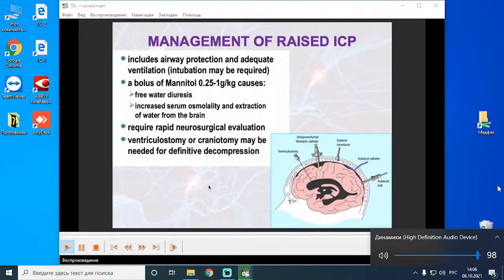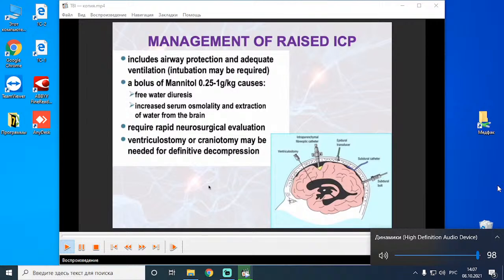Management of raised intracranial pressure includes airway protection and adequate ventilation. Intubation may be required. A bolus of mannitol, 0.25 to 1 gram per kilogram, causes free water diuresis, increased serum osmolality, and extraction of water from the brain. Rapid neurosurgical evaluation is required.